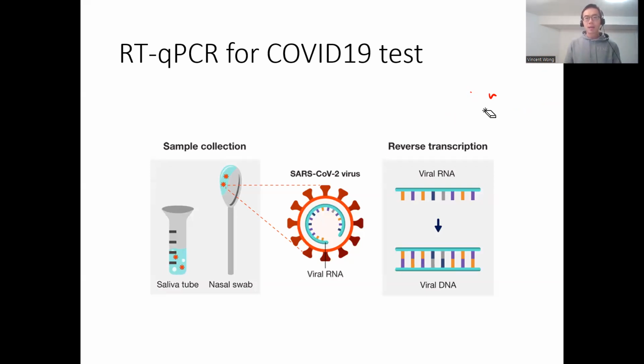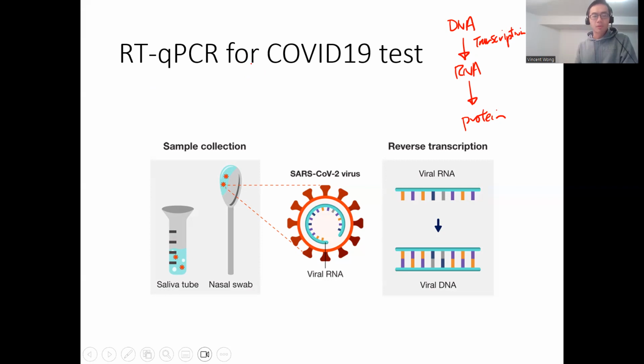By now, I hope you know the central dogma of biology, which is that DNA becomes RNA, and then it becomes protein. That's the flow of information. And this process is called transcription. You know that already. The kind of PCR that is done for COVID testing is not exactly the same as the PCR I just described to you.